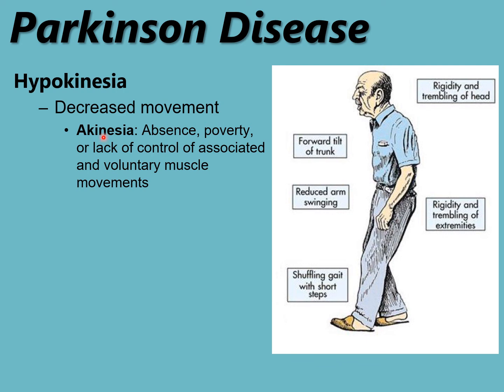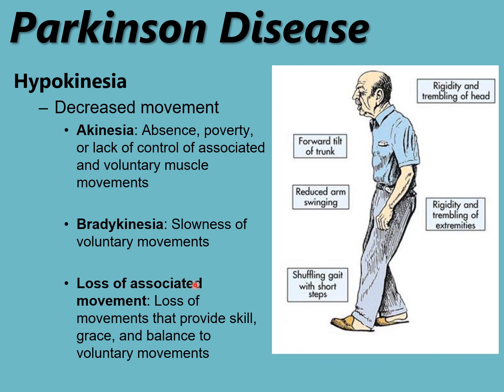So what we see is absence or poverty, lack of control. Certainly we see rigidity and tremor. That's a very common one, but the slowness or loss of ability to move and so forth. A lot of those feed forward type, learned in many cases, learned body movements get lost in Parkinson's disease.